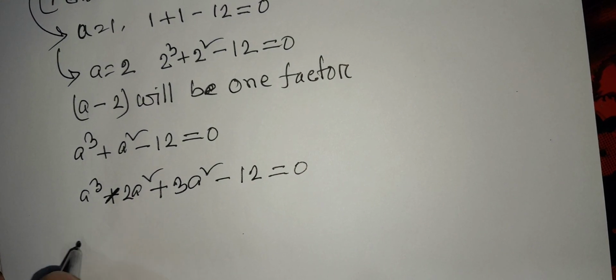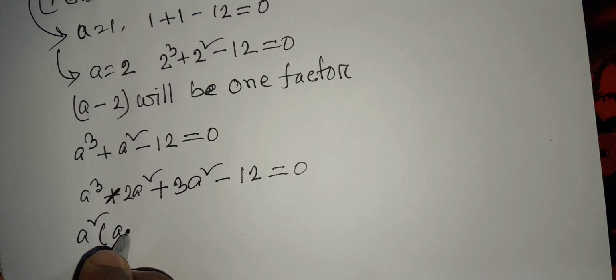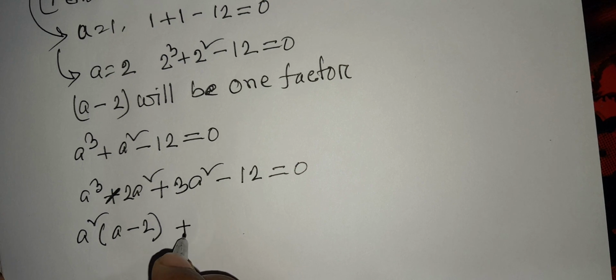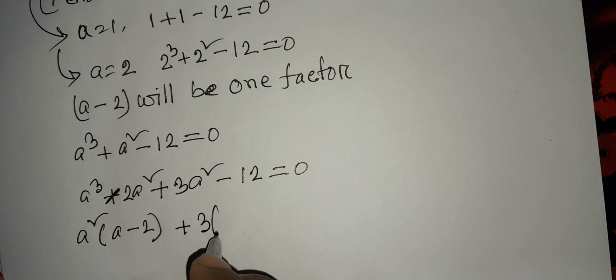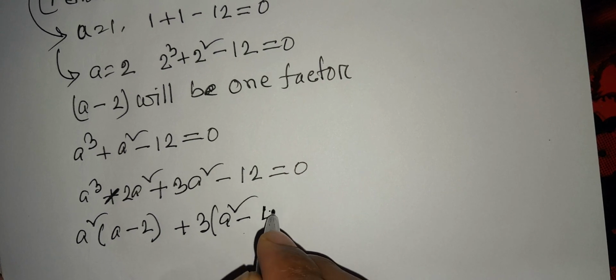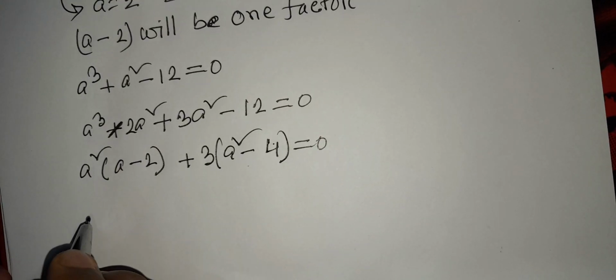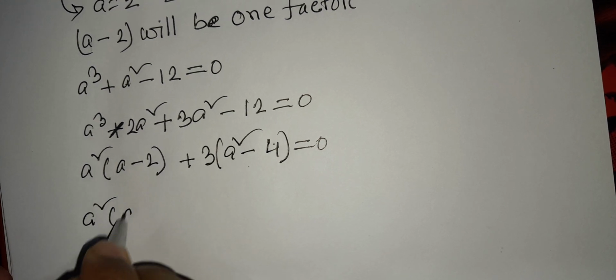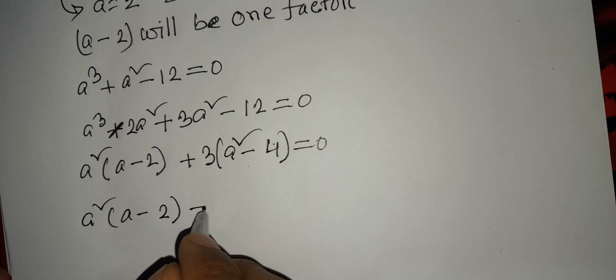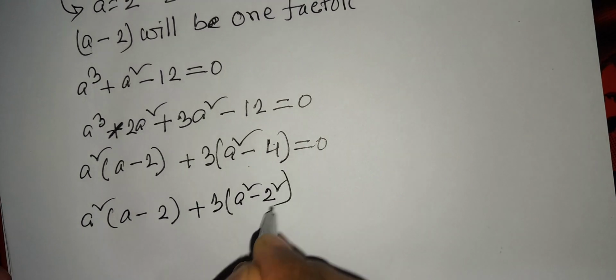Then we take common a square from the first two terms: a square times a minus 2, plus common 3 times a square minus 4, equal to 0.